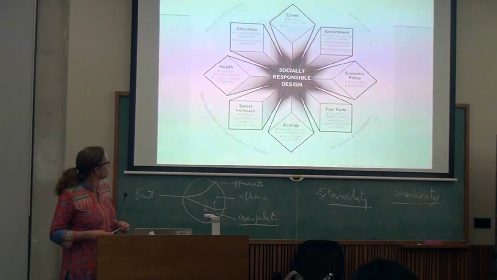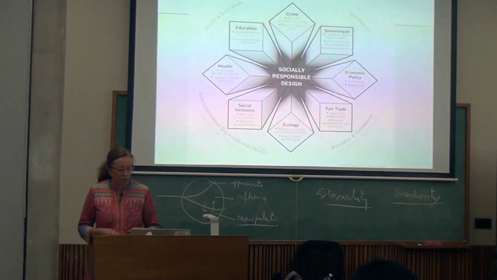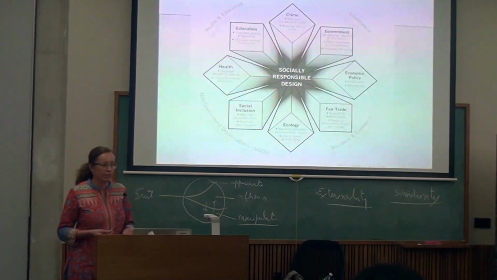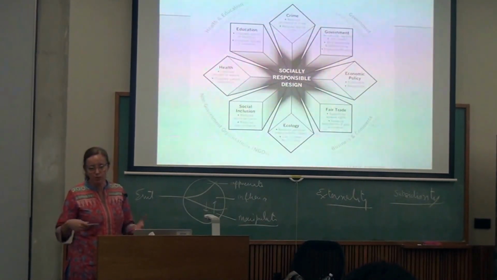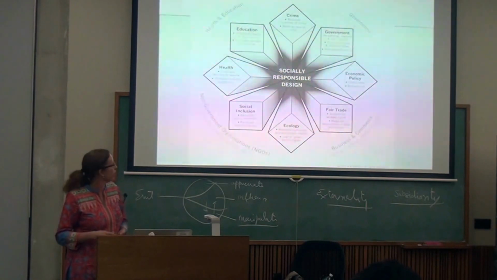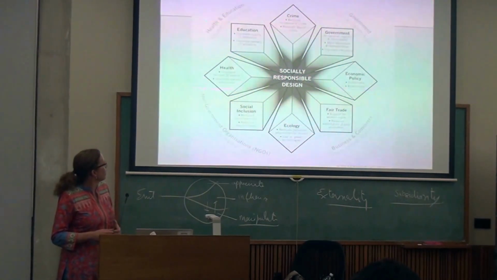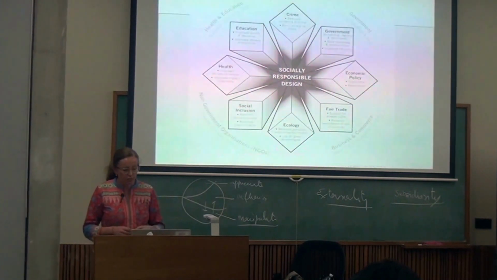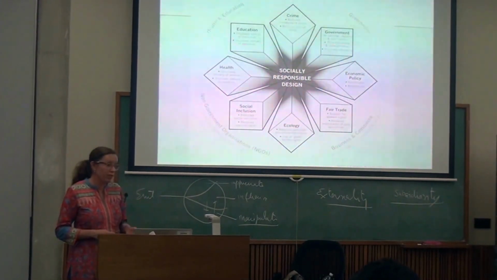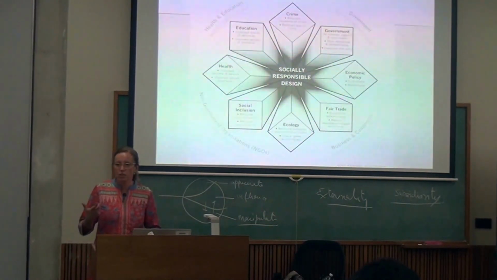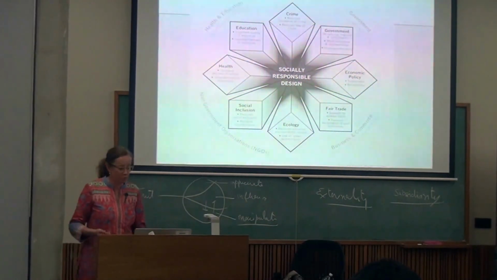That socially responsible design is about access to healthcare and improving patients' experience in hospitals and navigating through healthcare professionals. And of course, we have finally education and then crime prevention. The prevention of crime could also be a socially responsible design problem.